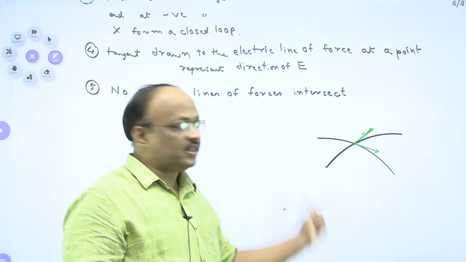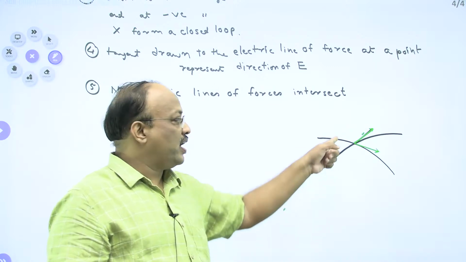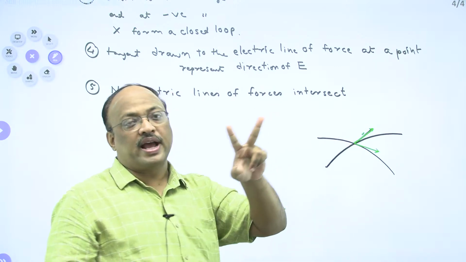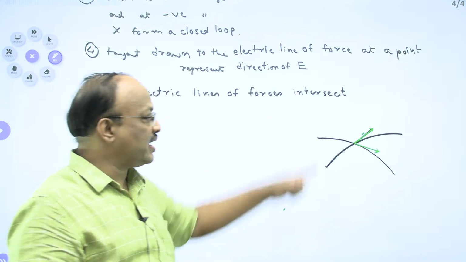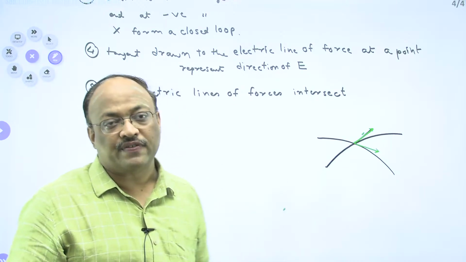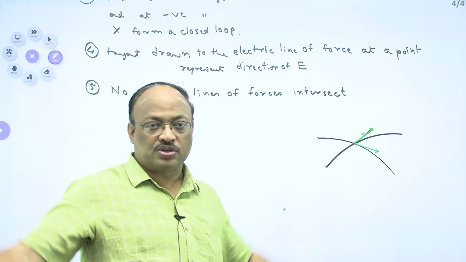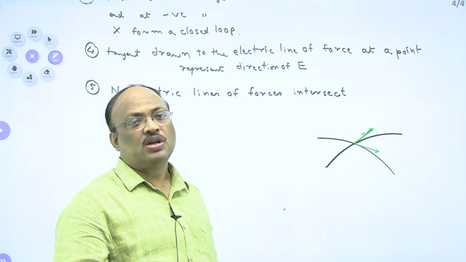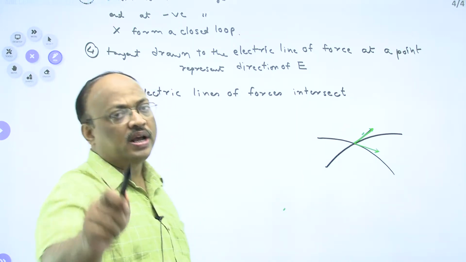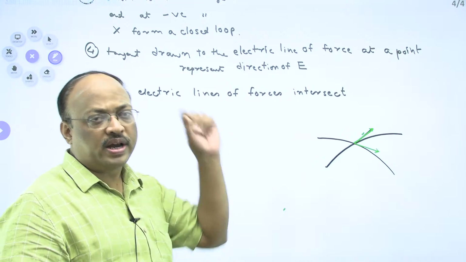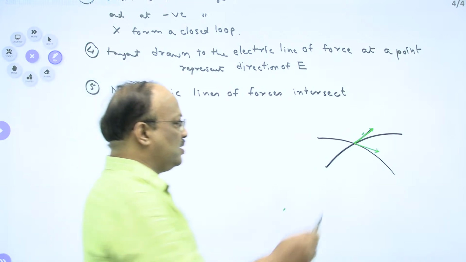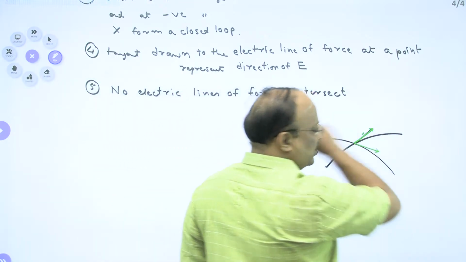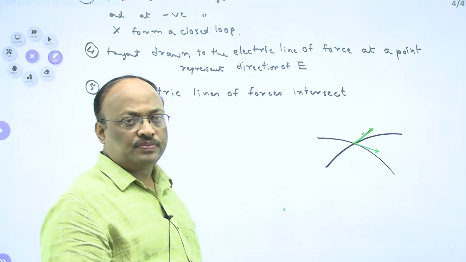If they cross like this, the electric field at this point has two directions. In the sense, two different electric fields exist at this point, which is never possible. We should have only one electric field at a point, in only one direction. So this crossing is never possible.